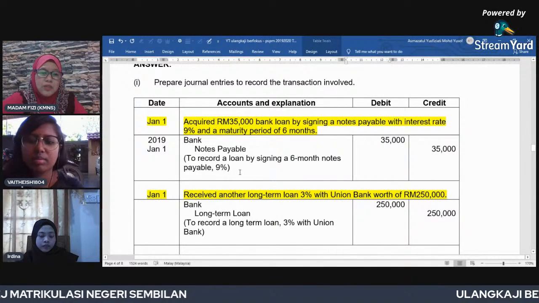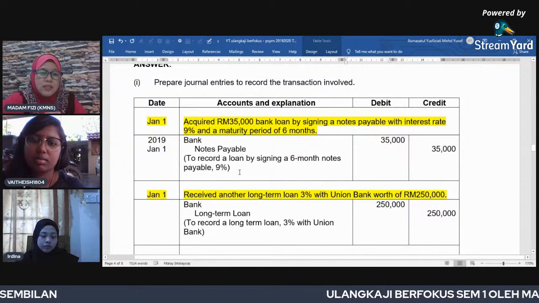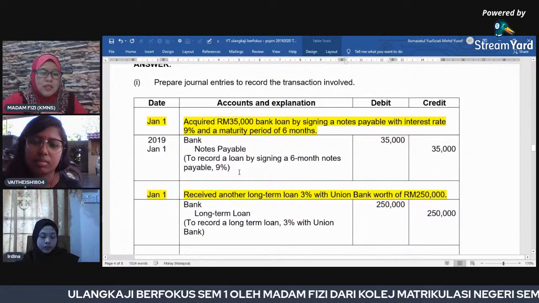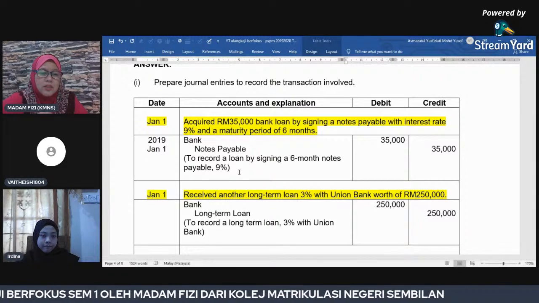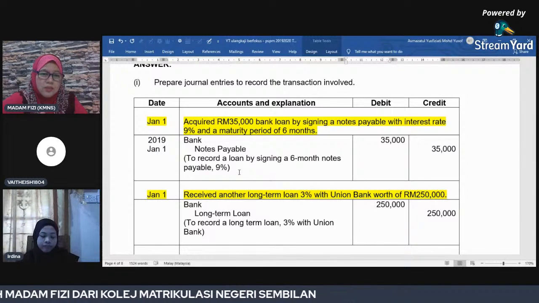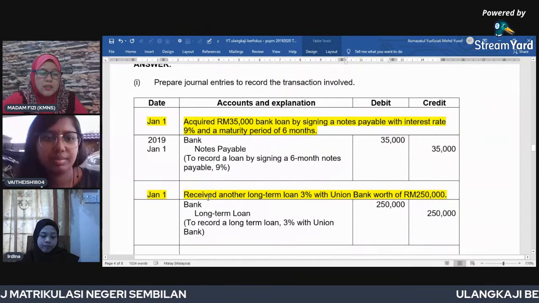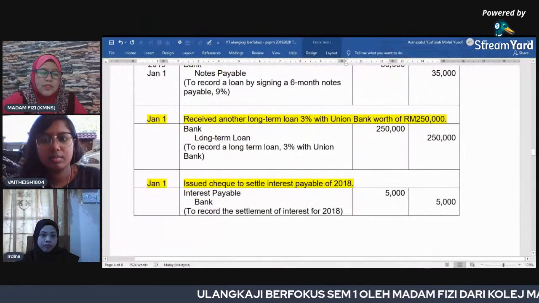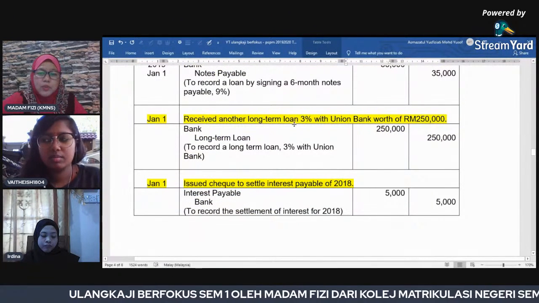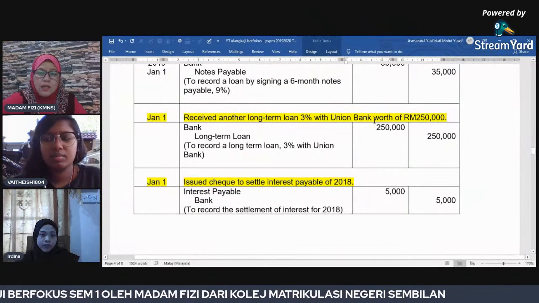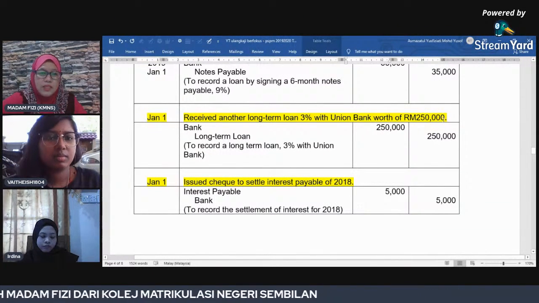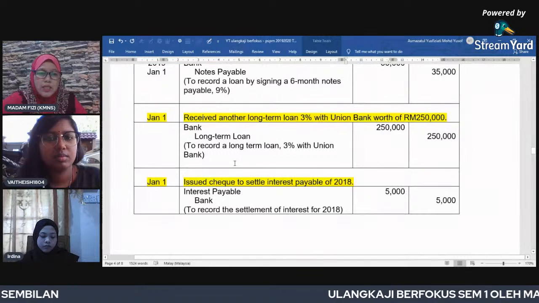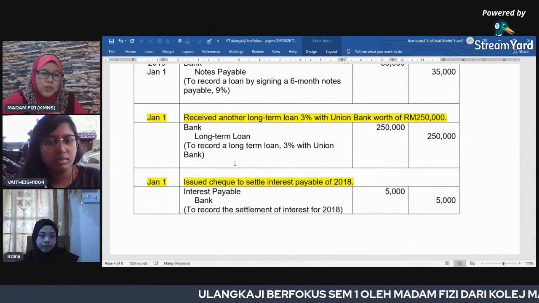The narration is to record a loan by signing a 6-month notes payable 9%. Narration you can record any as long as it is understood. So on next 1st January is to receive another long-term loan 3% with Union Bank worth 250,000. So that means kita berhutang lagi, long-term loan pula.